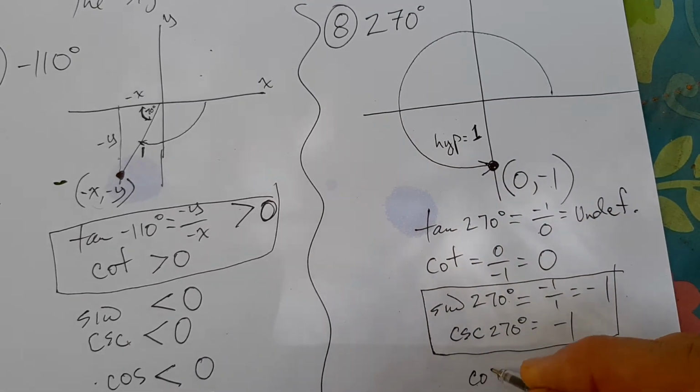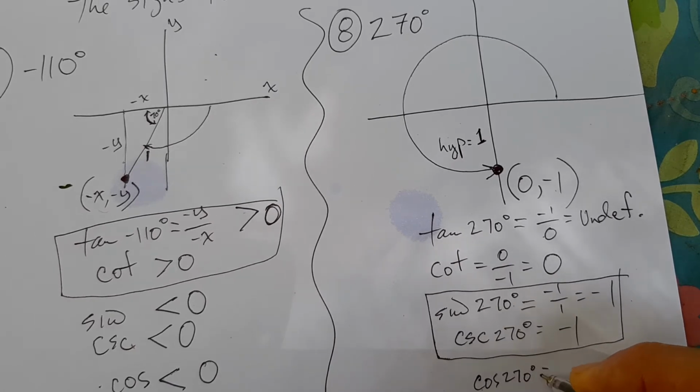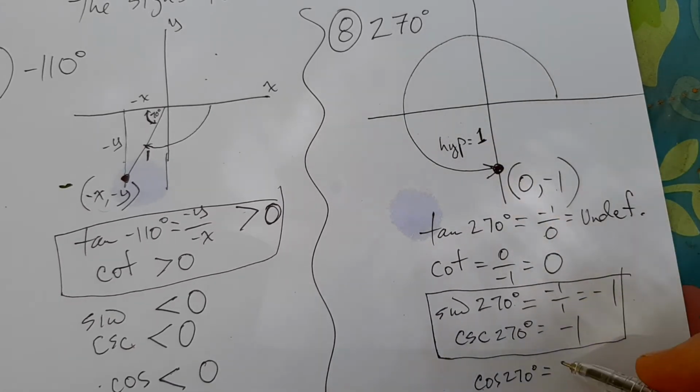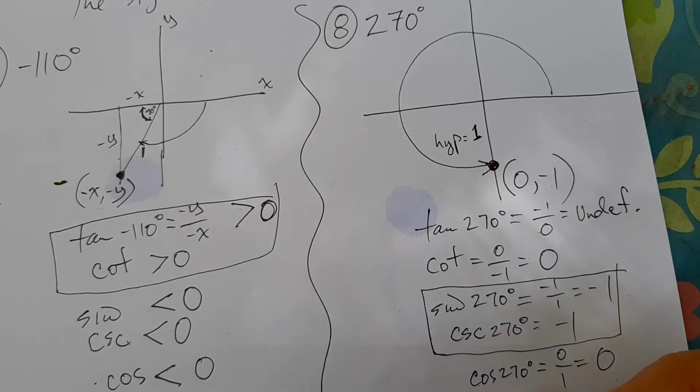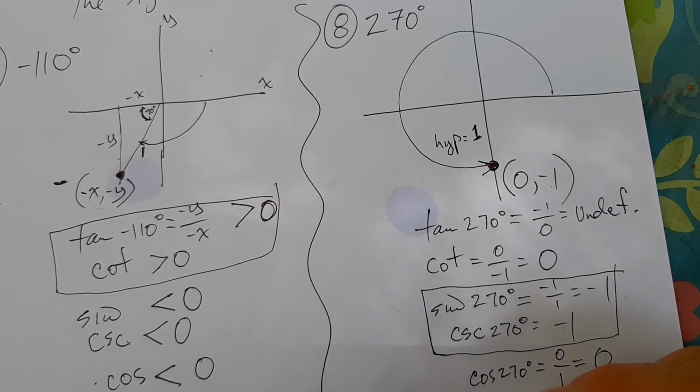And cosine of 270 equals the x value divided by the hypotenuse, 0 over 1. Equals 0. And secant of 270 equals 1 over 0. Undefined.